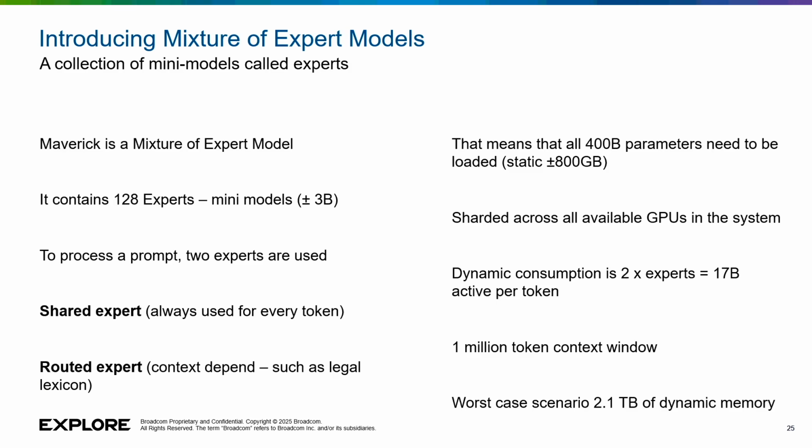Again, really advanced. That's the stuff that you don't need to really understand to begin with an infrastructure. But the cool thing is, they also have a 1 million token context window. If you have these insane use cases, you can end up with a 2.1 terabyte consumption of dynamic memory.